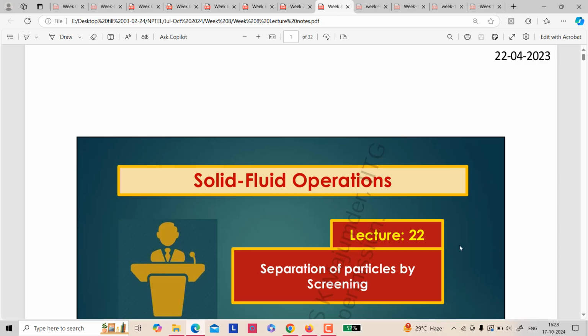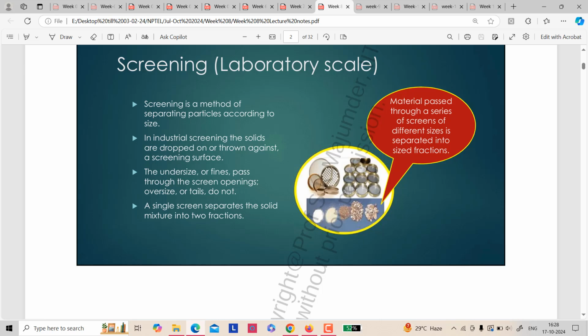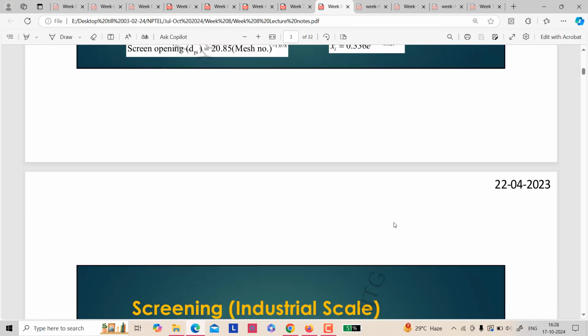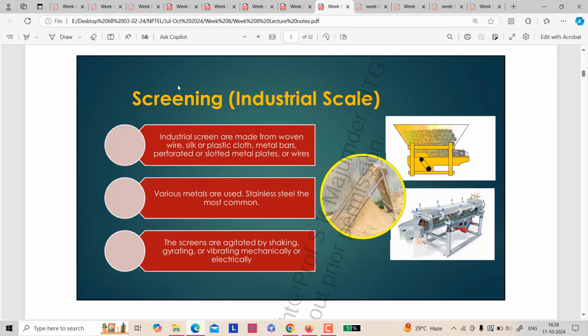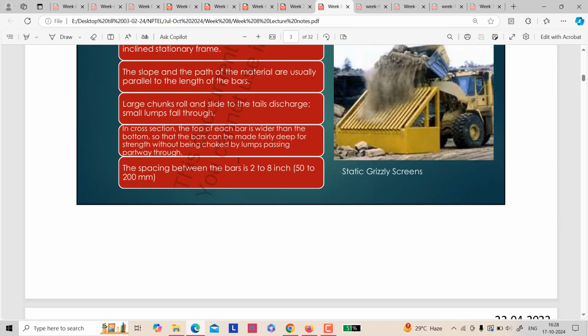Next is the separation of particles by screening. I have already told you how screening separates different sizes of particles. Even in industry, a screening method is used because of the ease of handling.